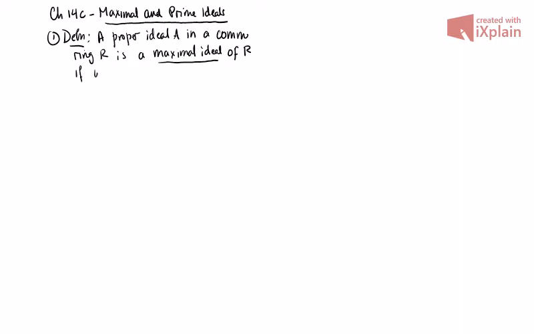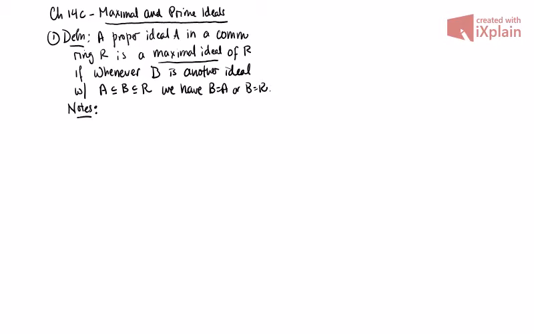If whenever, this is a weird definition, but I'll give it and then I'll clarify it. If whenever B is another ideal with A contained in B contained in R, we have B equals A or B equals R. So a couple notes.